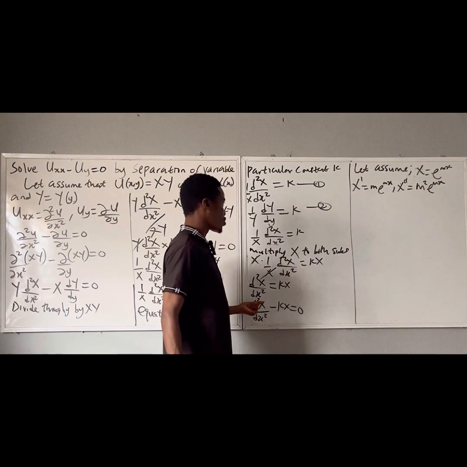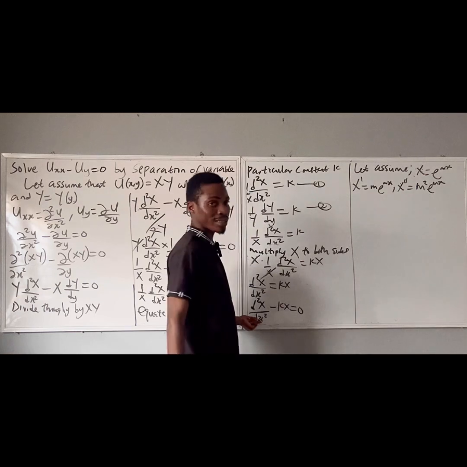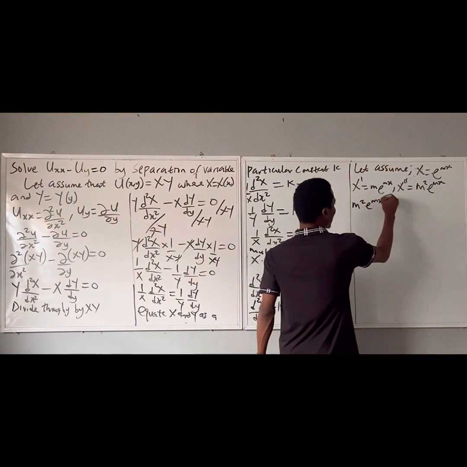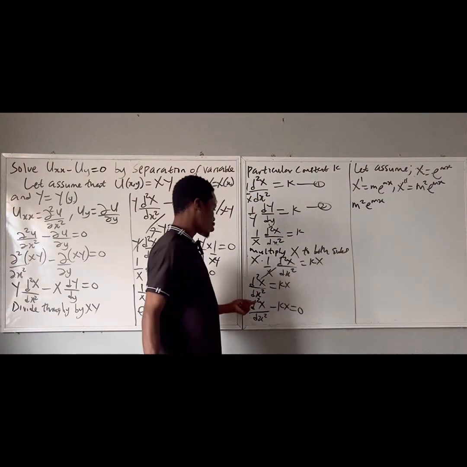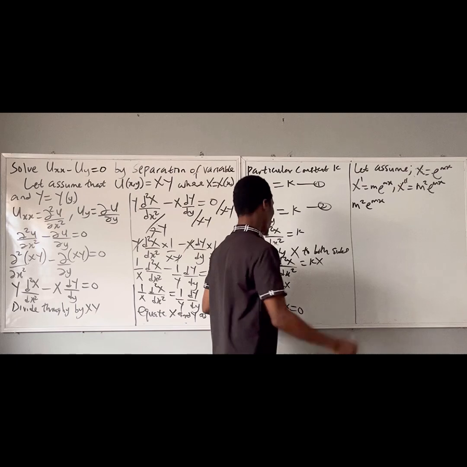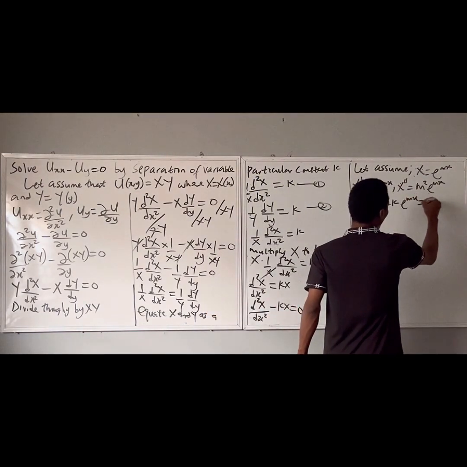So whenever I see the second order, s double prime is m square exponential mx. I'll just plug in this. So I'm going to have m square exponential mx minus k times exponential mx is equal to 0.